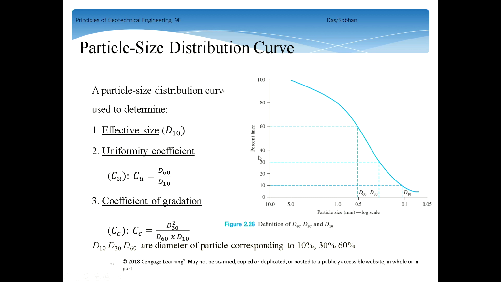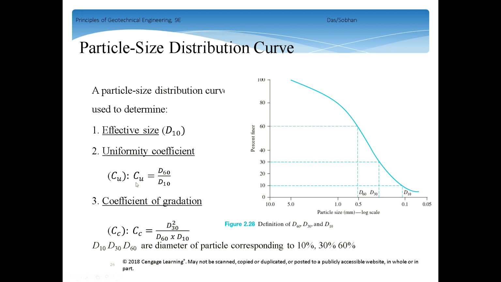And the 10, 30, 60 in here, it is the percentage. Understand? This is some effective size we defined in here. Why do we define this effective size? Because with those effective sizes, we can calculate the uniformity coefficient and the coefficient of gradation.